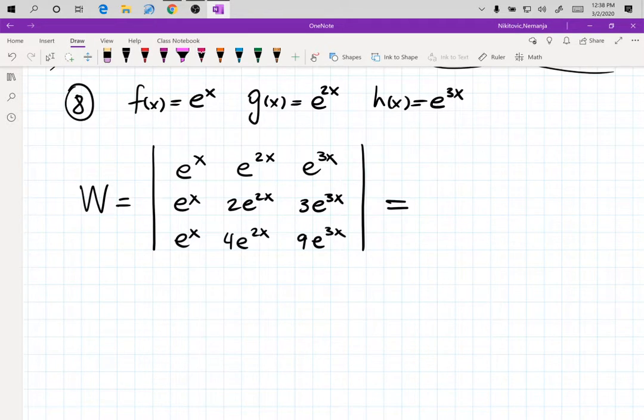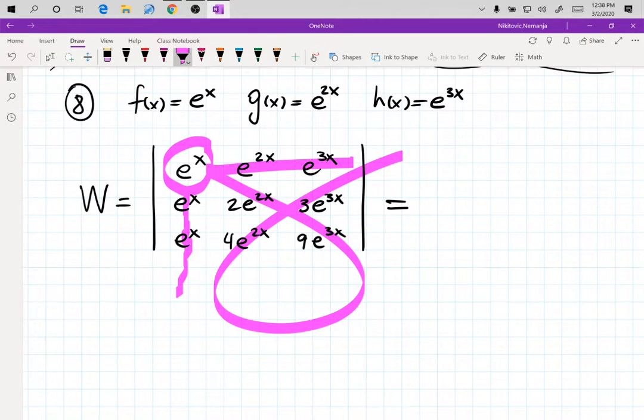The way this is done is you will pick one value, and that value would kill the row and the column, and the leftover 2 by 2 is the smaller matrix that you will have to do this on.